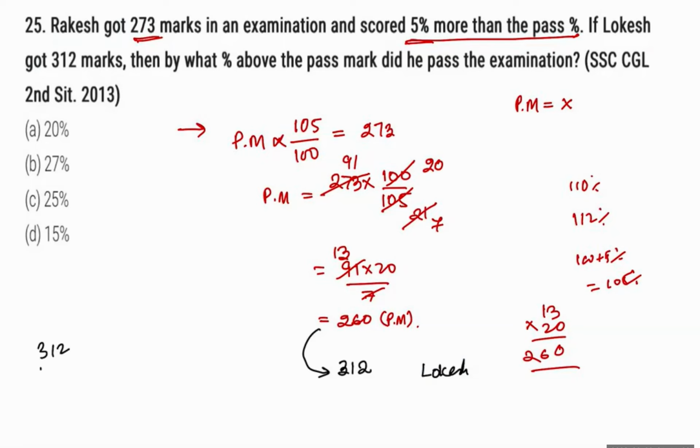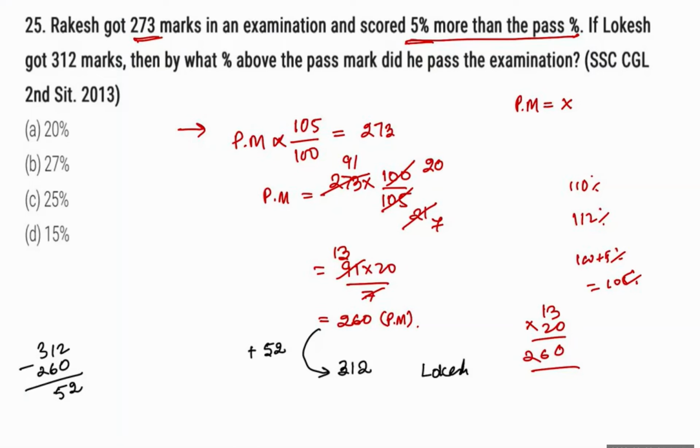312 to 260. 260 to 312, upon 11, so 2 times 52. Here 52 is the pass mark. The location 52 to percentage.